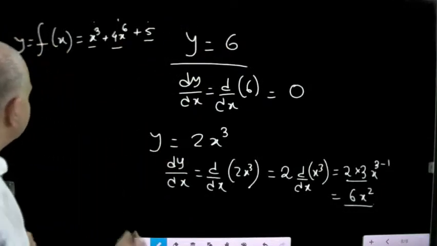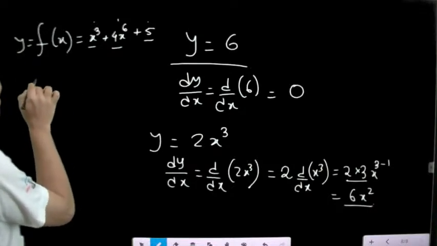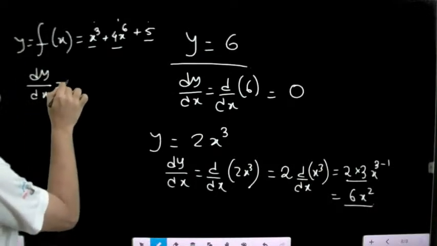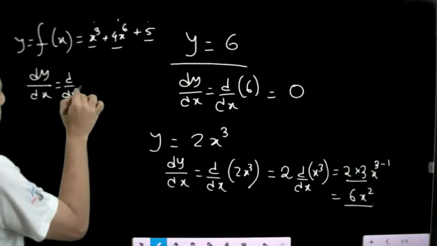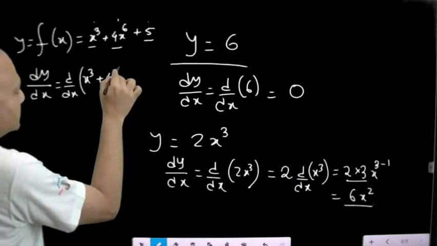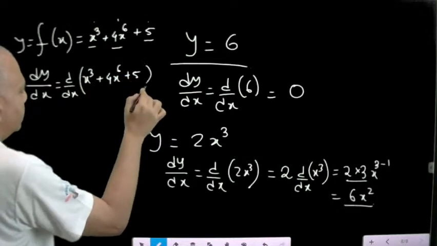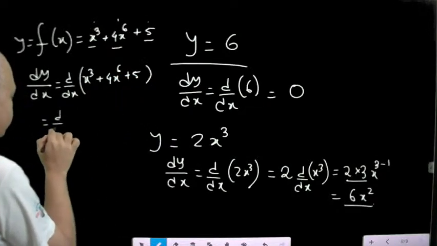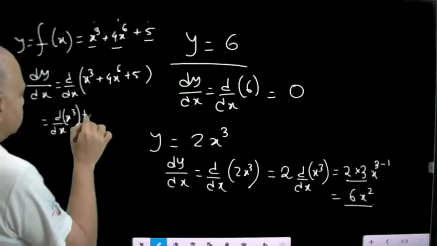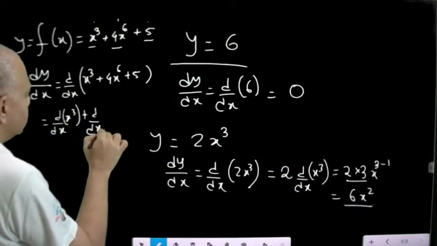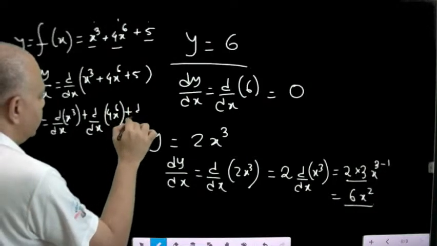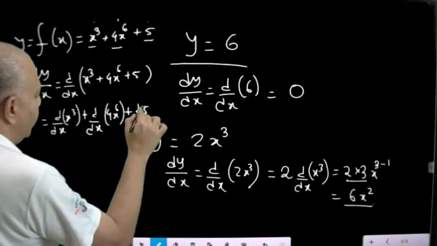Okay, so now the differentiation, how can I do? dy/dx, so just put x cube plus 4x to the power 6 plus 5. So separately differentiate d/dx of x cube plus d/dx of 4x to the power 6 plus d/dx of 5.